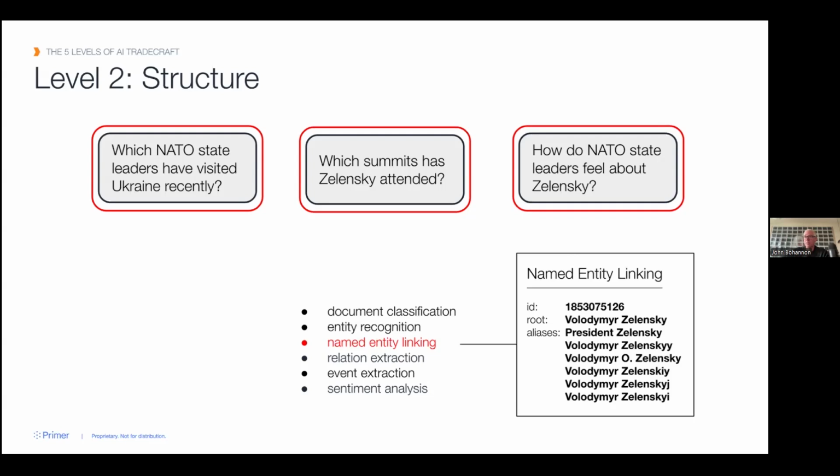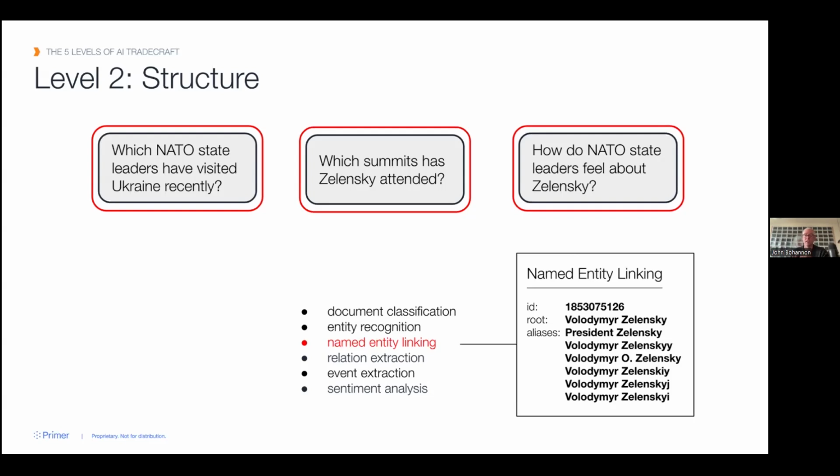Another problem, of course, is that people have aliases. And an even harder problem is that some people have very common names, the John Smith problem. And so, how do you tell, just because some person's name got mentioned and detected by entity recognition, that it's the person that you're interested in? There's two ways to fail.